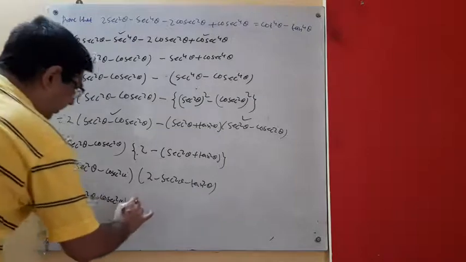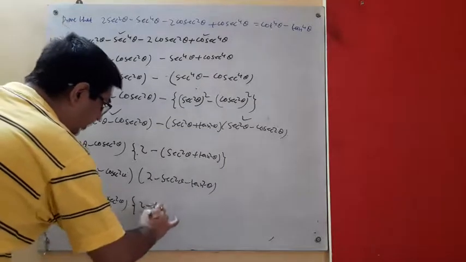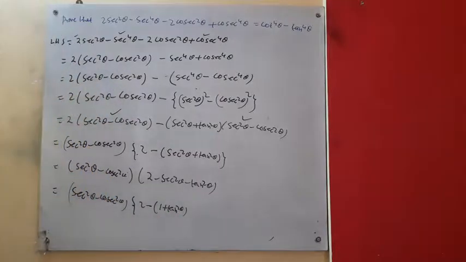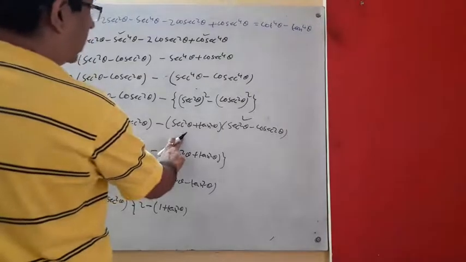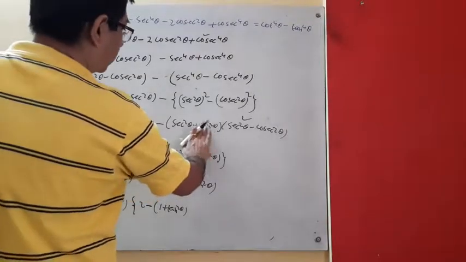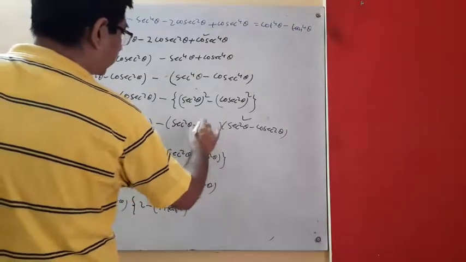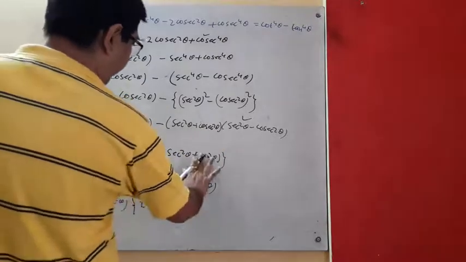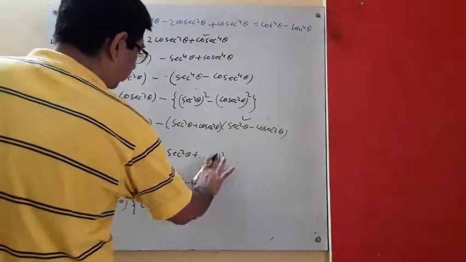Now this is 2 minus, what is sec square theta? 1 plus tan square theta, because ultimately we have to go where? Sorry, this is sec square theta plus cosec square theta. So we'll get cosec square theta.